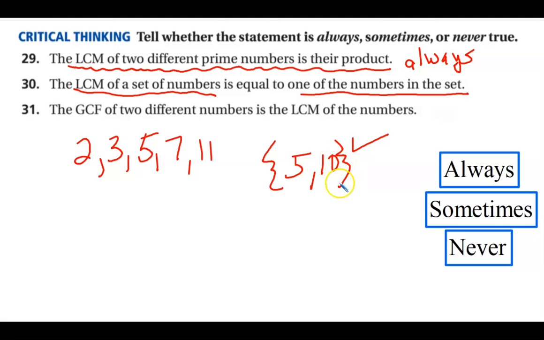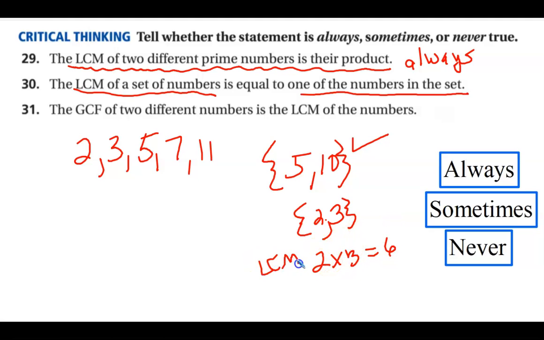But then I wonder if there's a time when it's ever not true. So what if I pick, I'm looking at my prime numbers. I like to use those a lot because it makes my life easy. What if I use 2 and 3? What's the least common multiple of 2 and 3? Well, it's 2 times 3, which is 6.